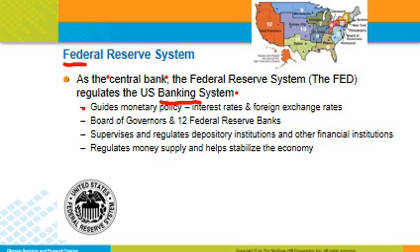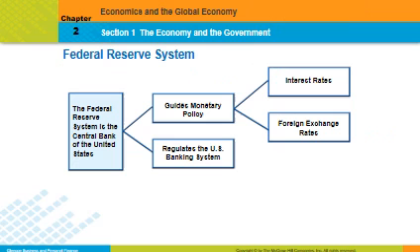So the Fed guides monetary policy, interest rates, foreign exchange rates. There is a board of governors, almost like a board of directors, and there are 12 Federal Reserve banks located around the nation. It supervises and regulates those banks and lending institutions, and it also regulates the money supply and helps stabilize the economy. So graphically speaking, it looks like this.